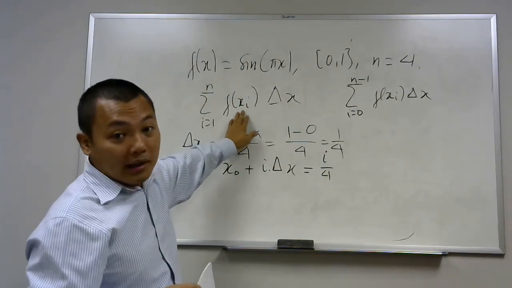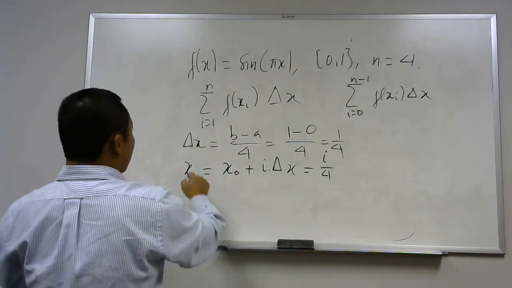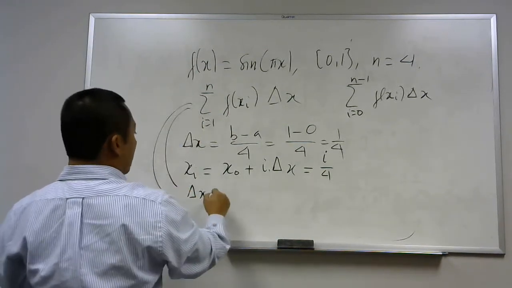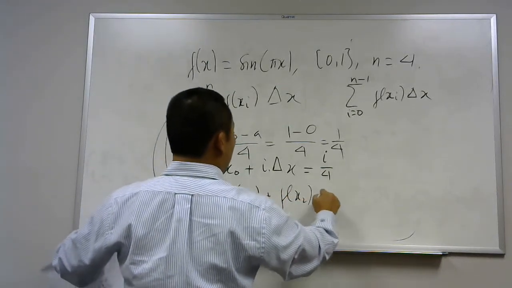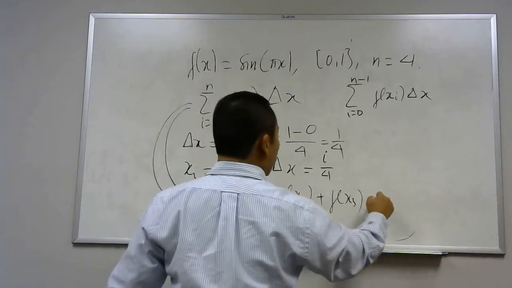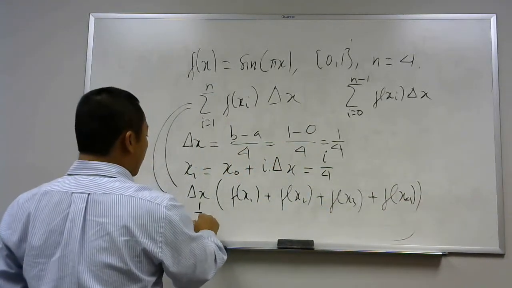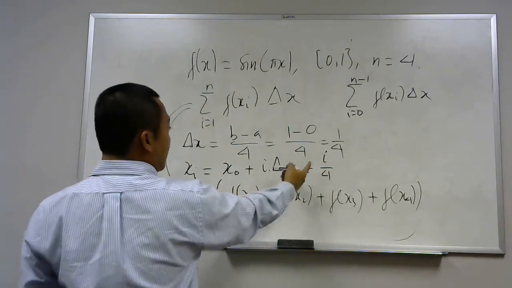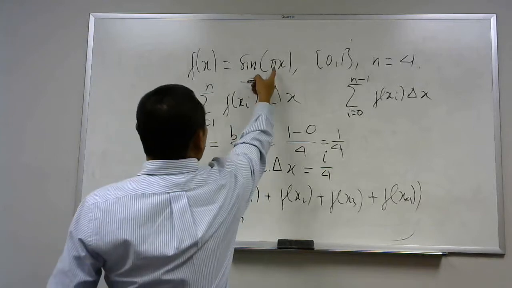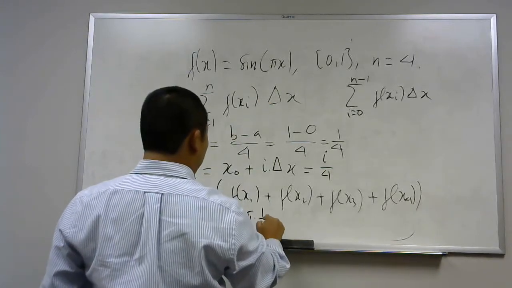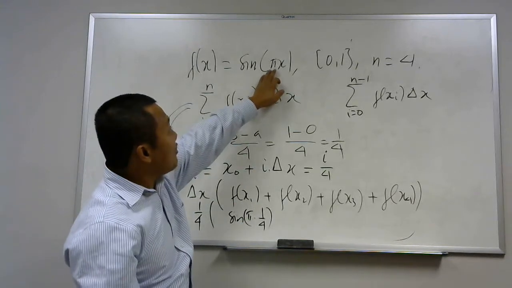Okay, let's use right endpoints, right? So for the right endpoint I have delta x times f of x1 plus f of x2 plus f of x3 plus f of x4. Delta x is 1/4. X1 is 1 over 4. You see that? F of x is sine of pi x.